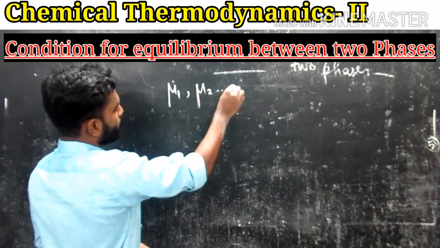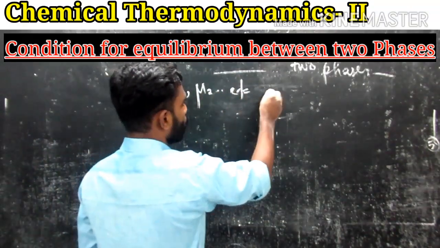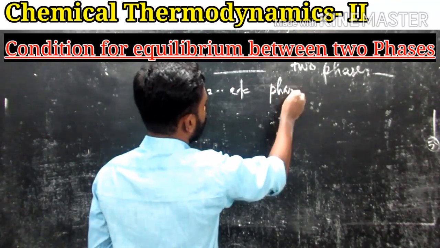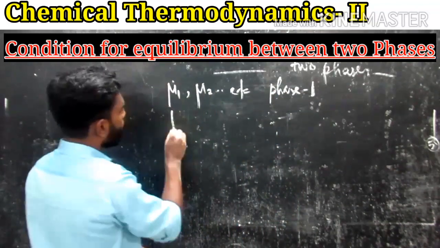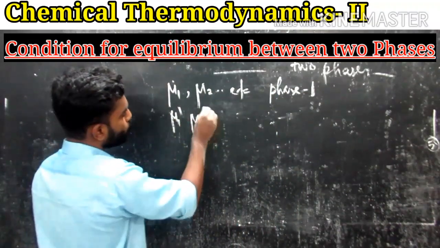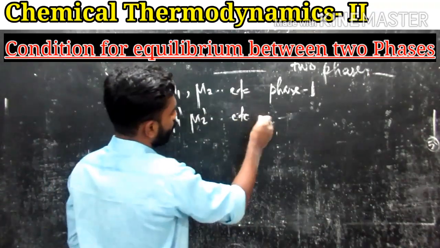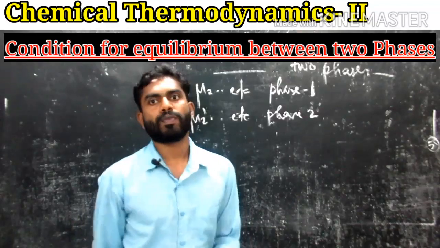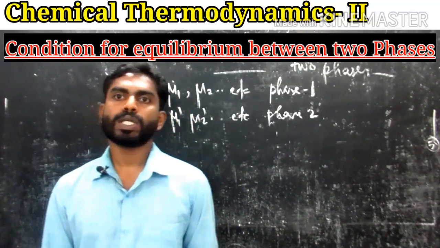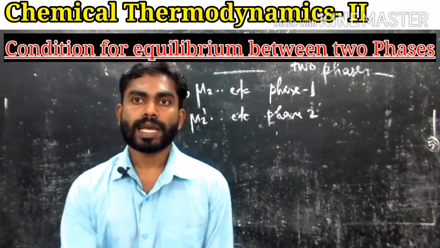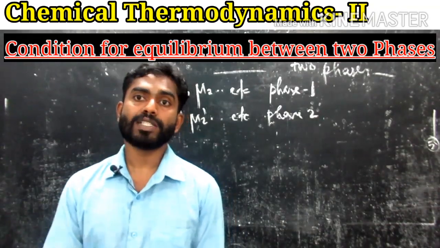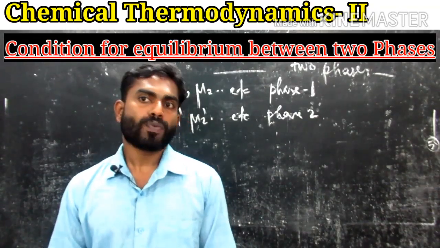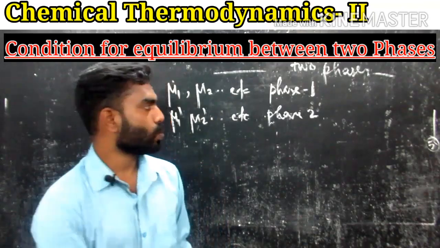mu1, mu2, etc. are the chemical potentials of phase 1, and mu1 dash, mu2 dash, etc. are the chemical potentials of phase 2. Suppose that there is a transfer of dN1, dN2, etc. moles of the constituents from phase 1 to phase 2.